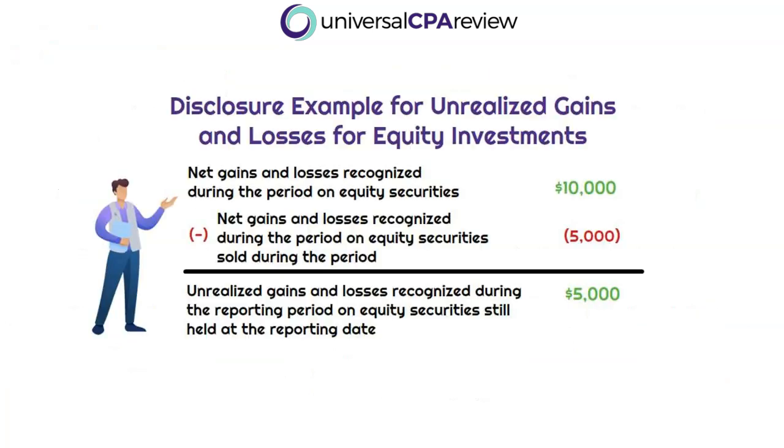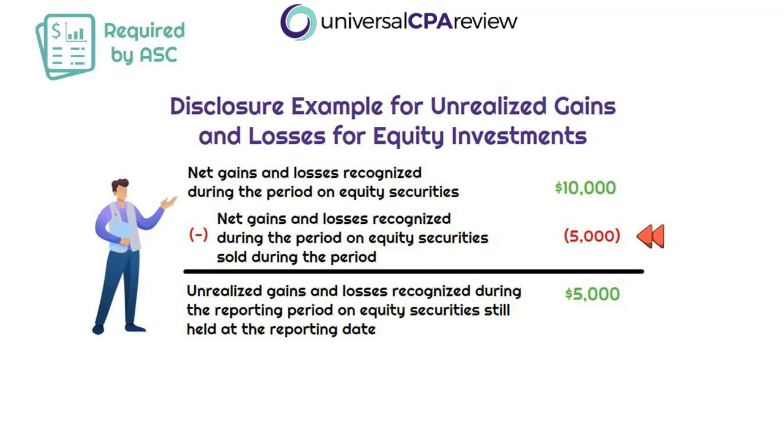One last thing to wrap up this module on marketable equity securities is how should we disclose basically unrealized gains and losses in our financial statements related to these equity investments? Well, obviously, the accounting standards codification, right? It does require us to disclose the unrealized gains and losses. Here's an example that comes directly from the codification. It basically says that we need to show what the net gains and losses recognized during the period on equity securities were, right? So for example, $10,000, we would subtract the net gains and losses recognized during the period on equity securities sold during the period.